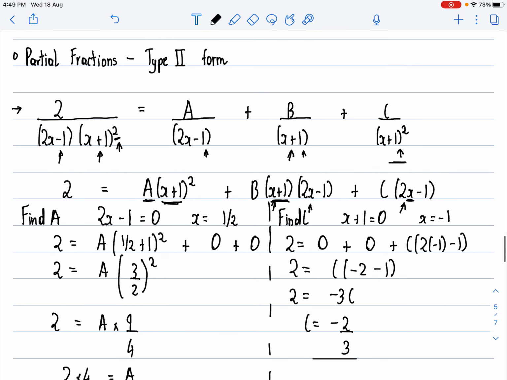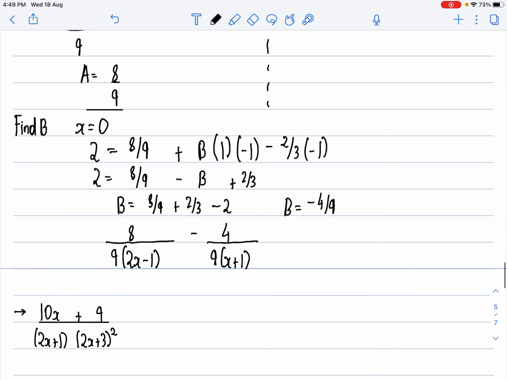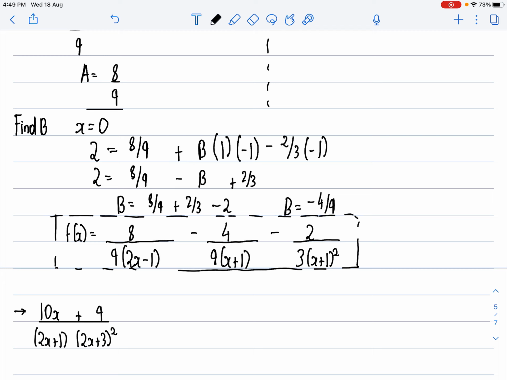Then I have c, which is minus 2 over 3, so I write minus 2 over 3 into x plus 1 the whole square. So this is basically my f of x, and this is the final answer of my question in the partial fraction form.